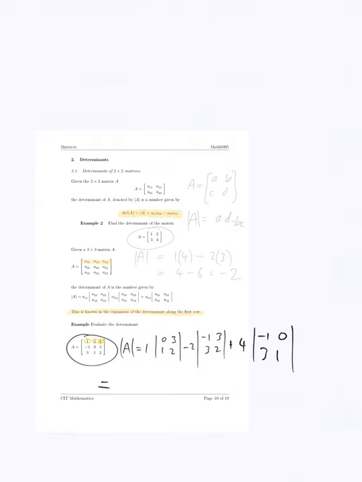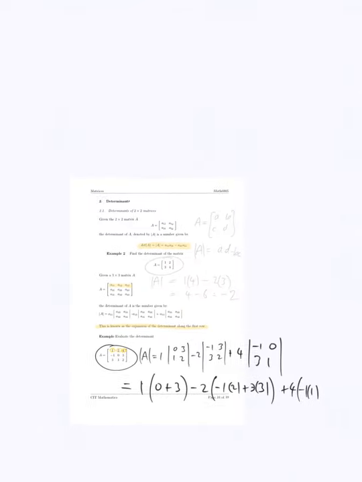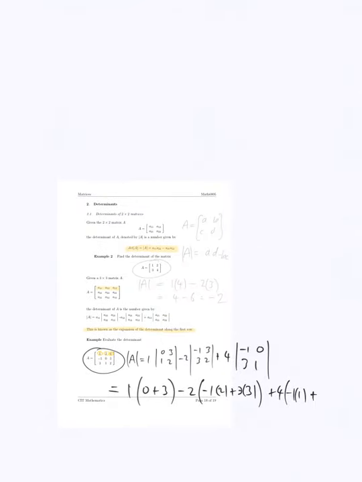So that's equal to 1 times 0 plus 3, following that 2 by 2 formula above for the determinant. Remember that each of these is the determinant of a matrix. Minus 2 times this determinant, which is minus 1 times 2 plus 3 times 3, plus 4 times minus 1 times 1 plus 0. 3 times 0 is going to be 0.